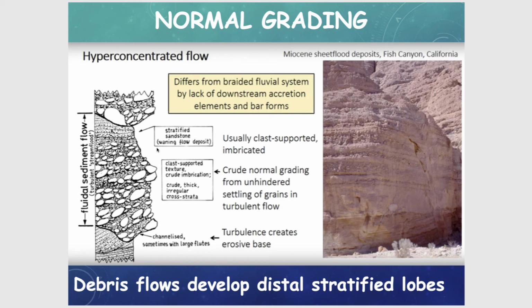If we look at braided fluvial systems, we will see that this is different. So this is a quite unique sequence that you find in alluvial fans. In this case you have the same example, so we have some mud-rich sheet flow deposits.